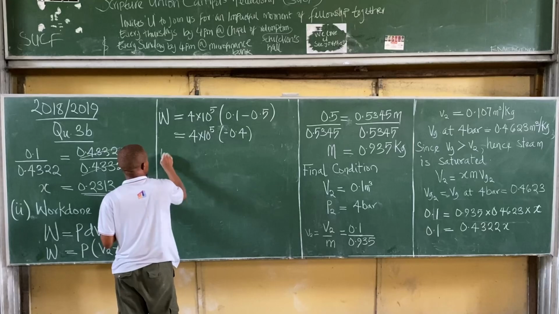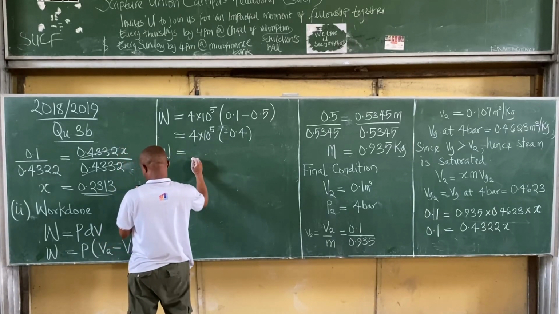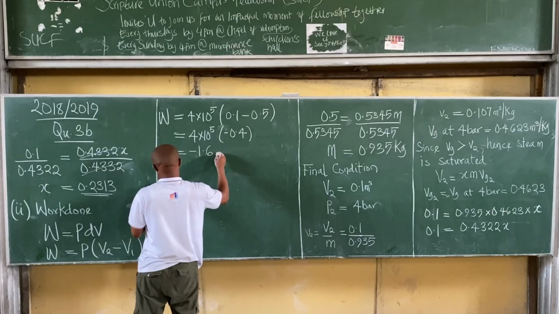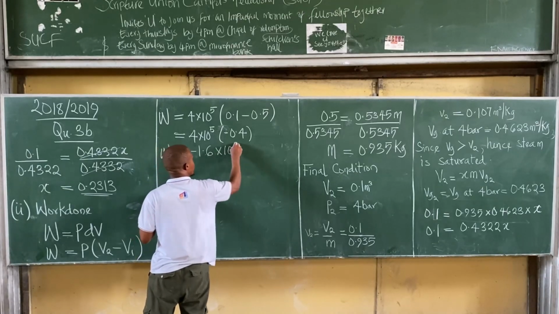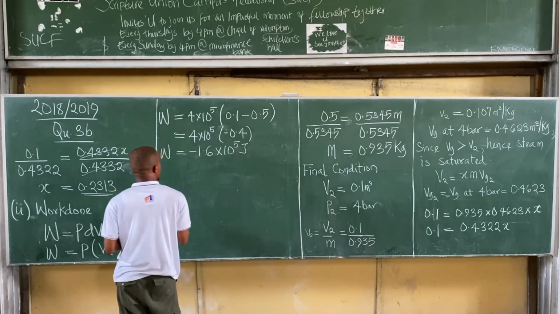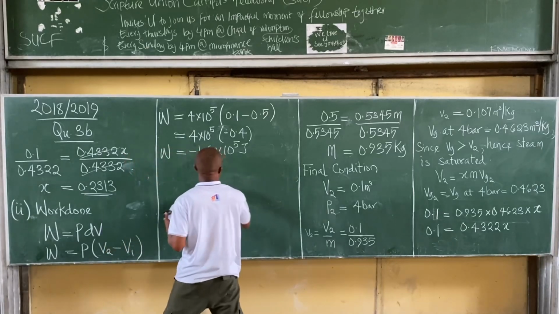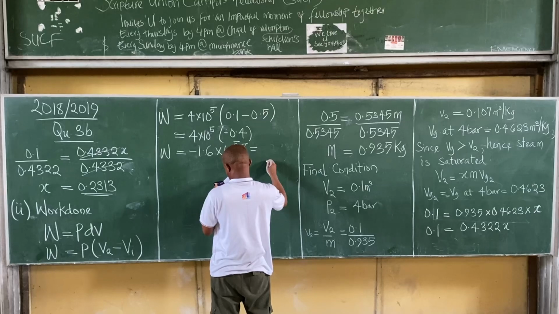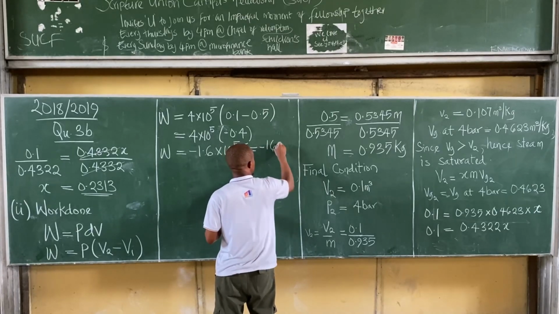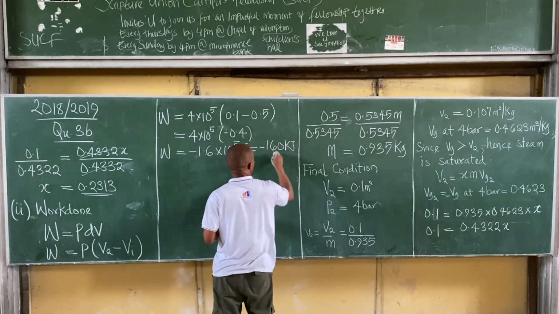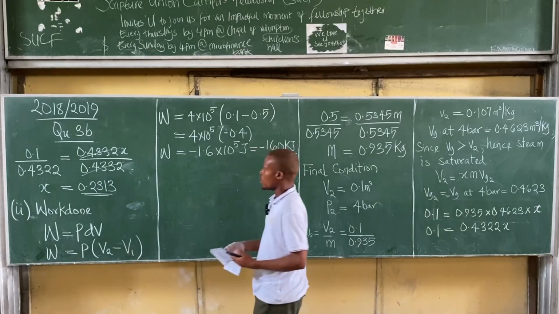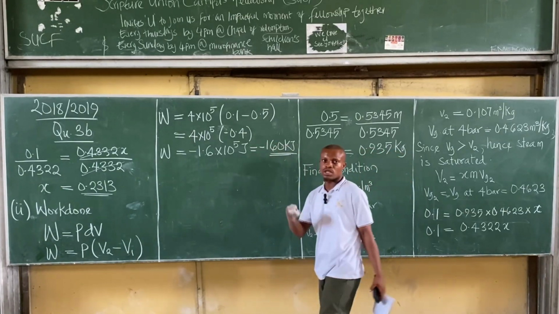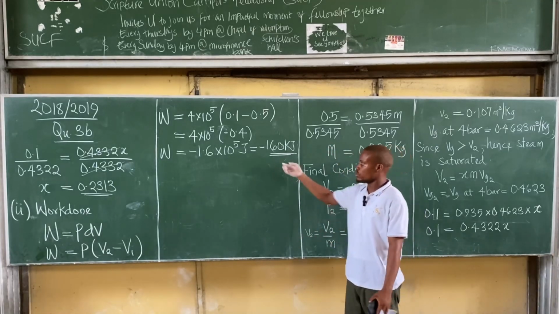In multiplying this, we have that our work done gives us minus 1.6 times 10 raised to power 5 joules, which is the same thing as saying minus 160 kilojoules. Okay, this is our final answer. It can be seen that work is done on the system.